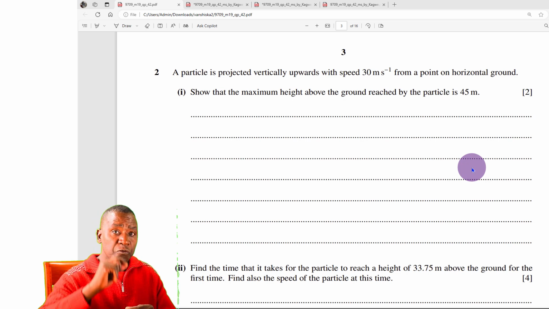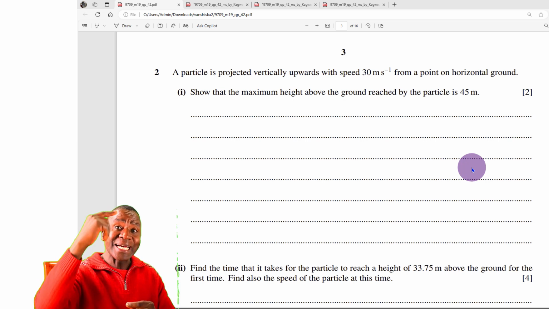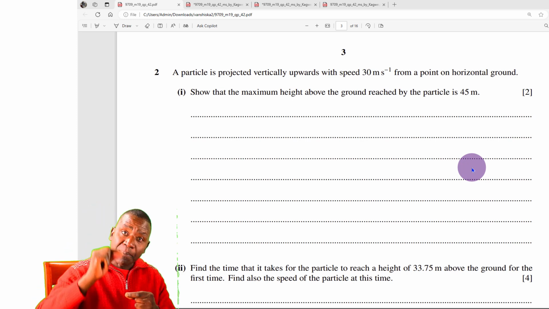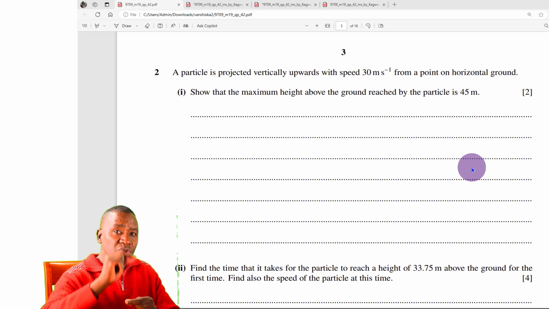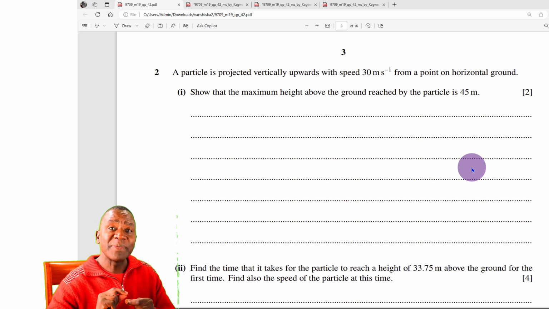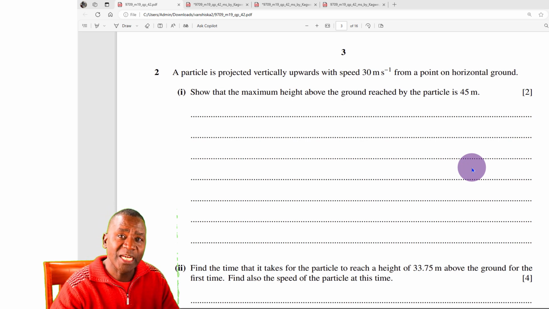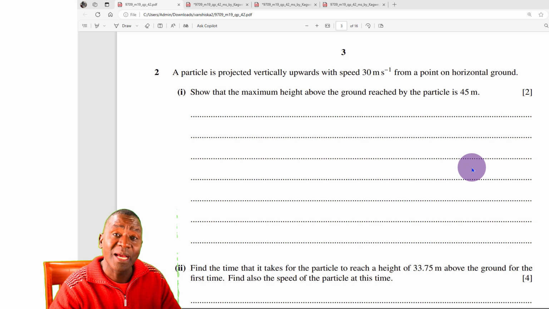So it rises to 45 meters, and then naturally it will fall back through a distance of 45 meters. But while the total distance covered is 90 meters, its total displacement is 0 when it comes back to the point of projection. How is that?